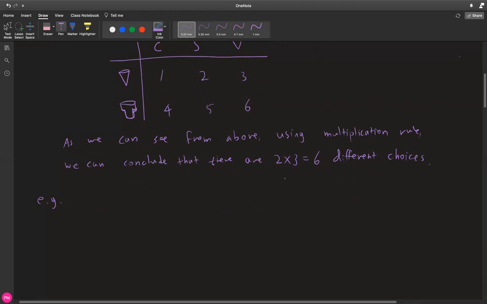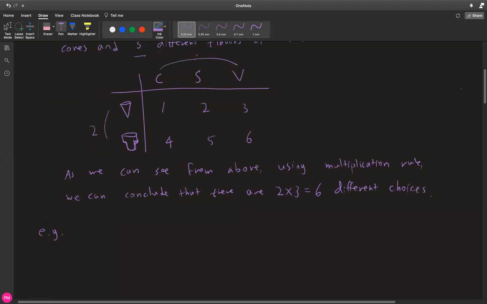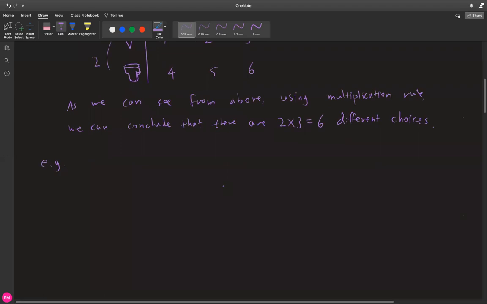As we can see from this table, the multiplication rule, in this case 2 multiplied by 3 is 6, and it came out just like that. So keeping that in mind, we're going to do an example with bigger numbers, where it's harder to draw a table like that. So let's say this is episode 2.